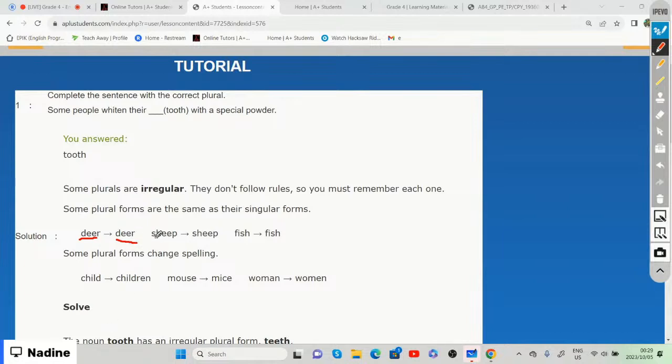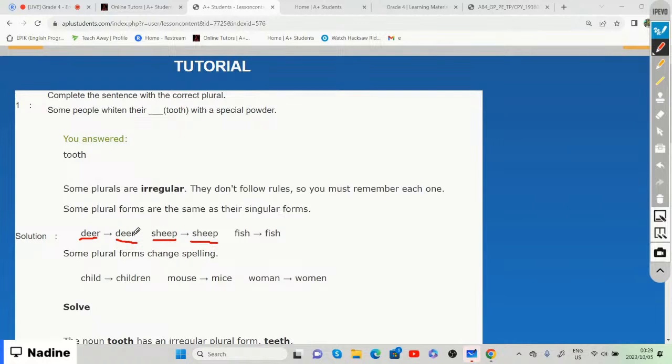Same with sheep. We have one sheep, and more than one, two, three, 10 sheep. Not sheeps, sheep. So you have one sheep and you have many, a lot, 10, 5 sheep.